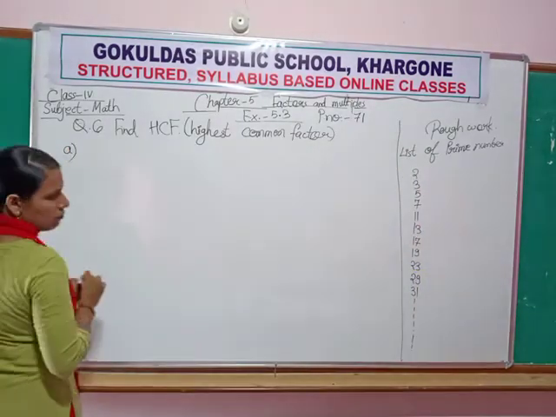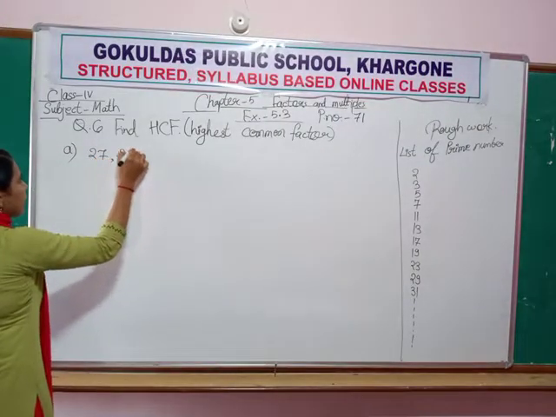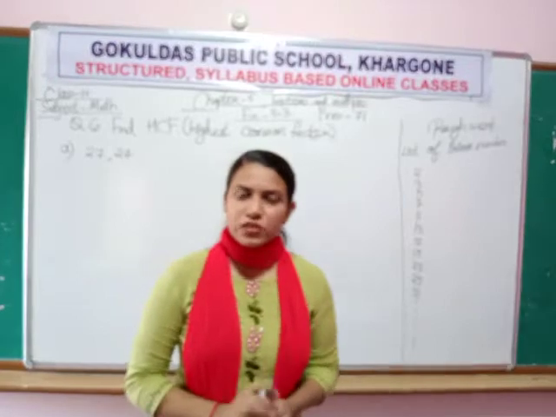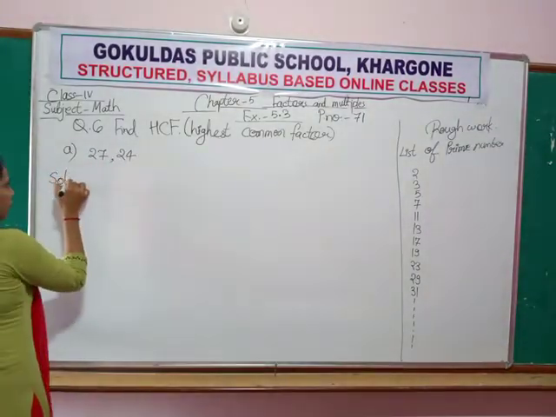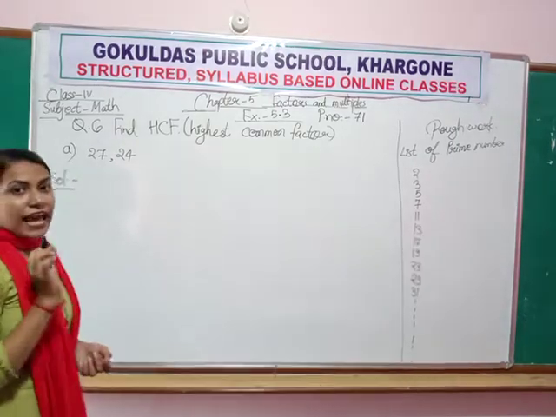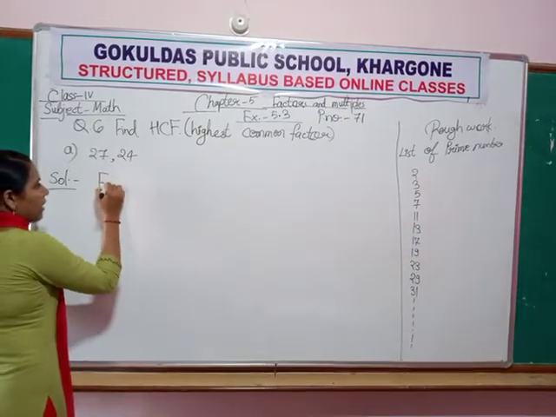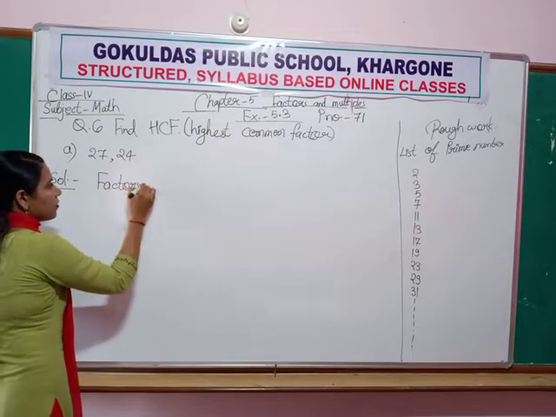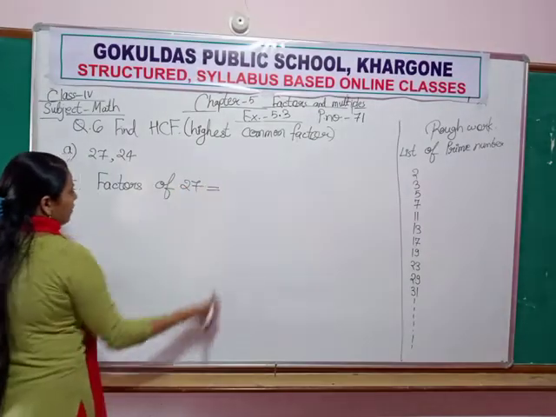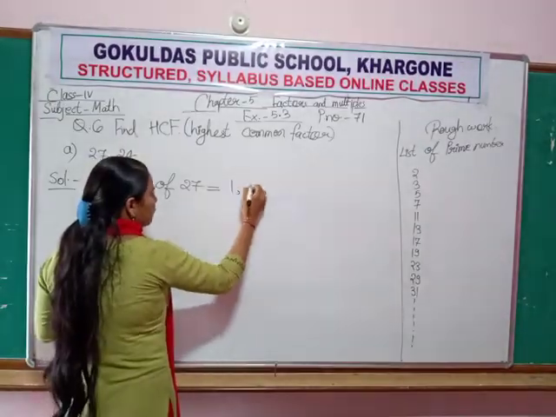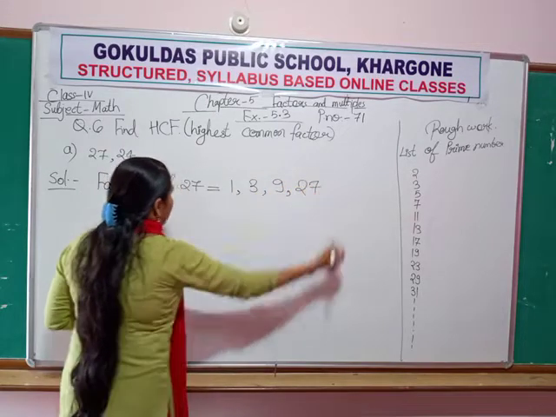Part A. Two numbers are given, 27 and 24. You want to find the HCF, that is, the highest common factor. So first of all, write the factors of 27. 27 is divisible by 1, 3, 9 and 27.